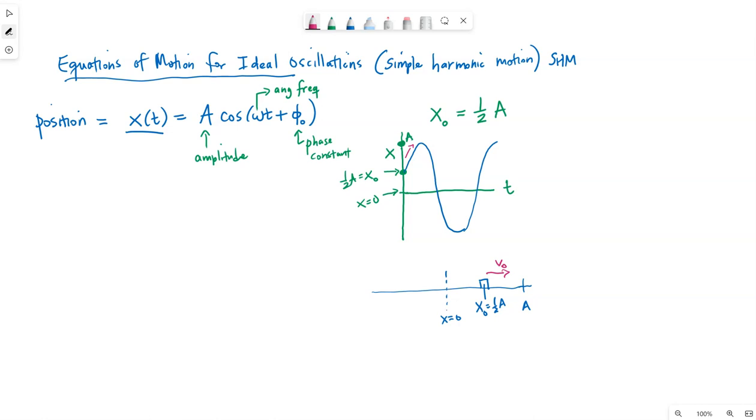Now, technically, the other option in position versus time is that the mass could be starting at the same initial x naught, but the graph goes down. So the mass is not headed to its maximum positive position, it's headed towards the left.